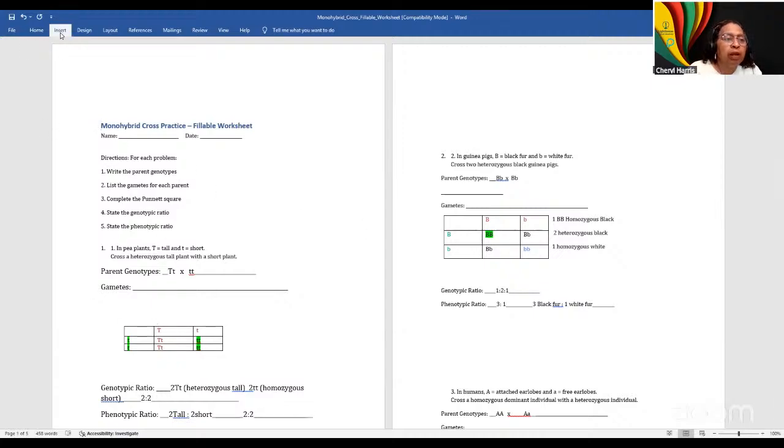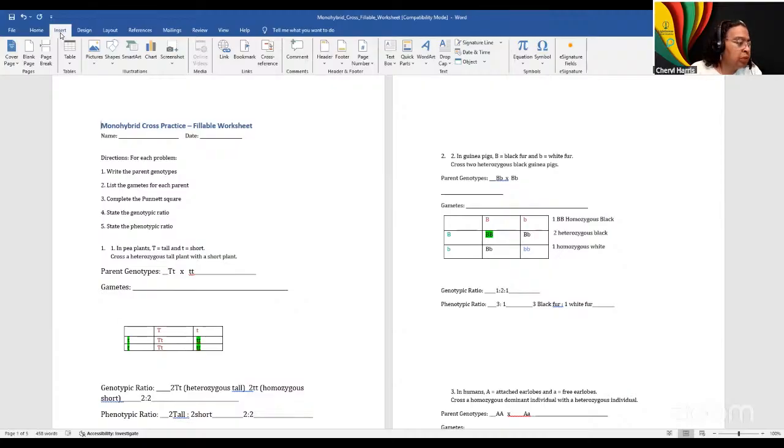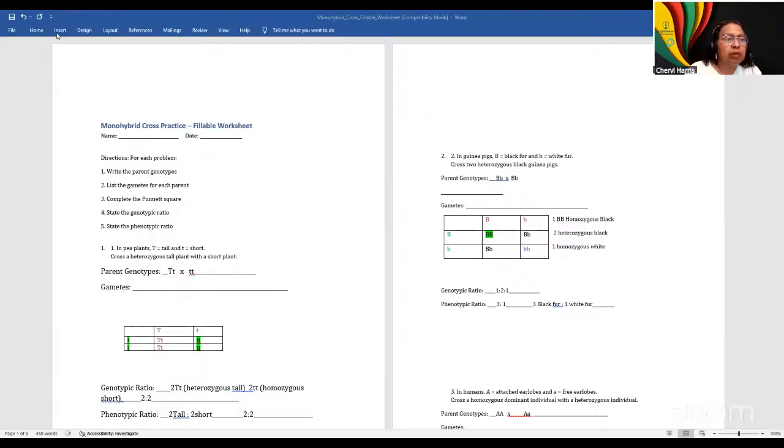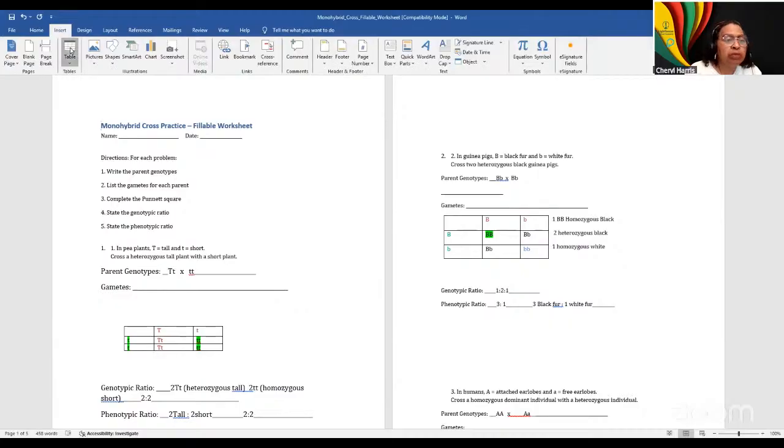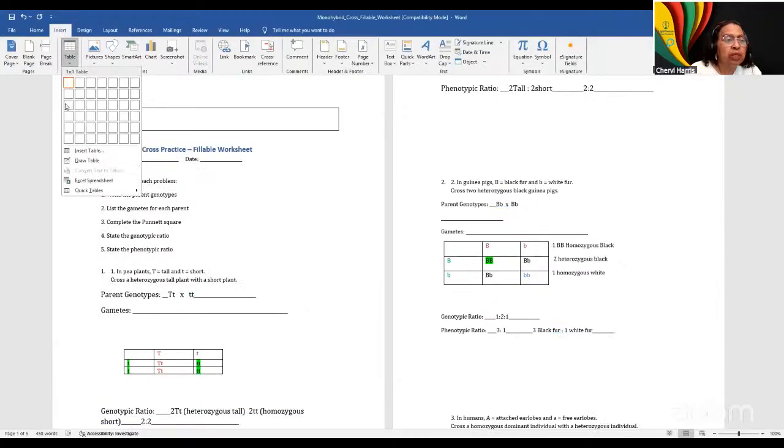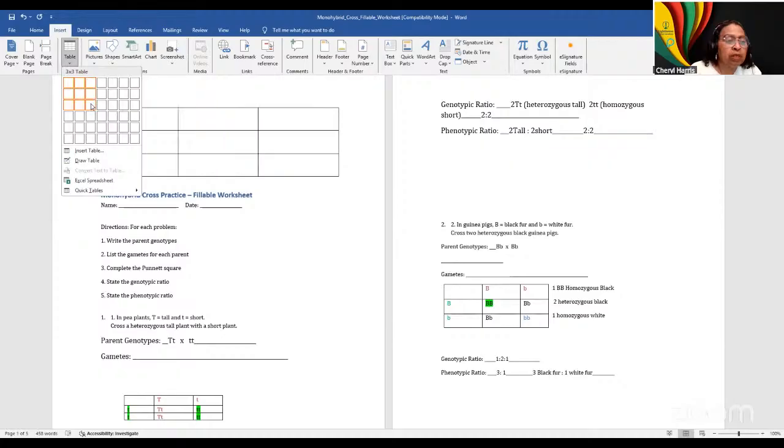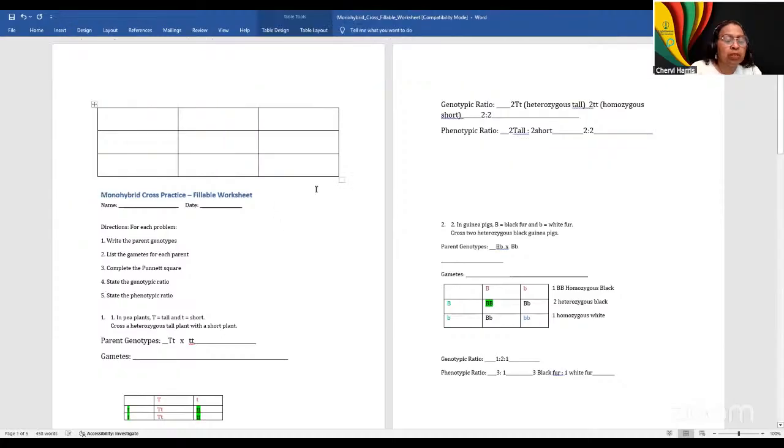All right. So I came up to insert, and I selected table. And then I wanted to have 3 rows and 3 columns. And then you can make it smaller, because it doesn't need to be that big, or you can leave it alone. It doesn't matter.